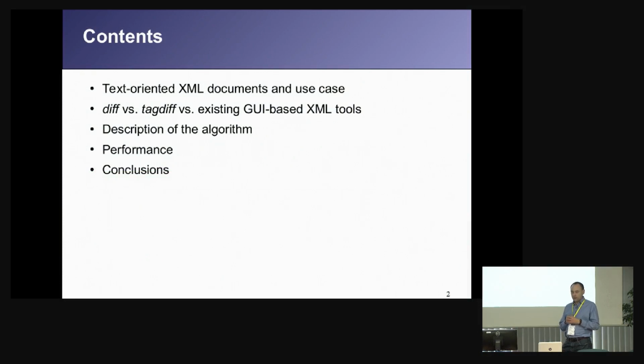I will then tell what Tagdiff is and compare it to other diffing tools, such as the well-known Unix command line utility, diff, and existing XML tools. I will then describe the algorithm, discuss a bit about its performance, and then I will conclude.